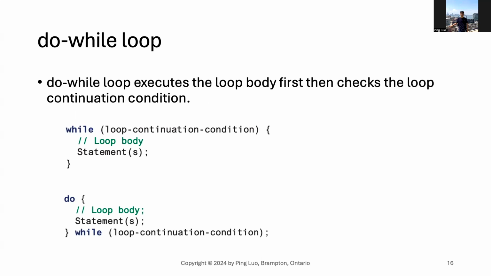Similar to while, we have this kind of function called do while. It's very similar, except no matter if this condition is true or false, it will always do the statement once, and then check if it's correct or not.